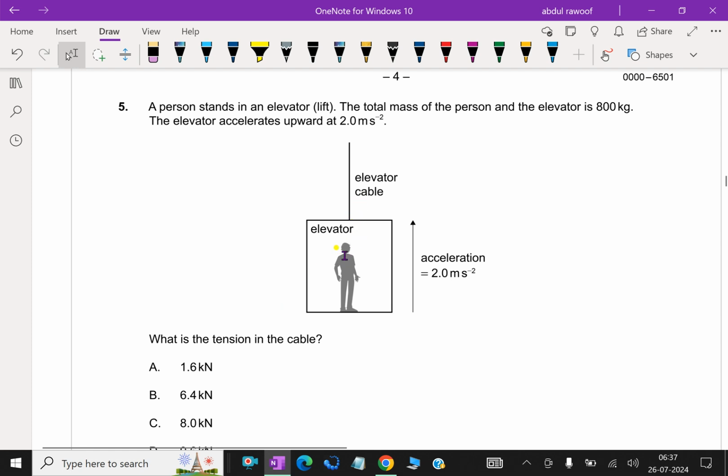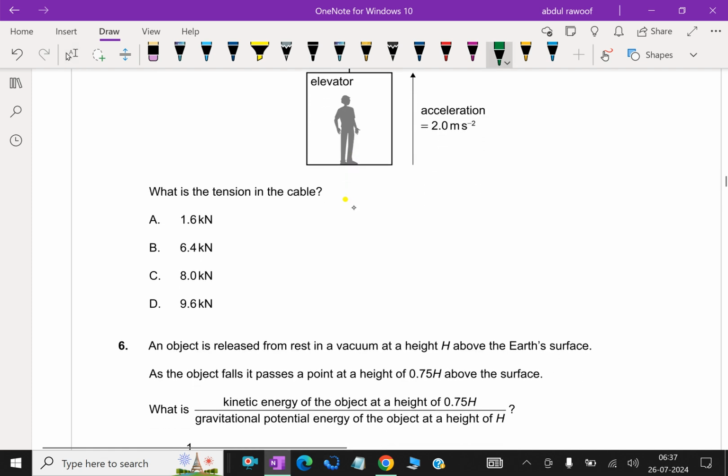Here the lift is going up. So we have the formula: tension in the rope T minus force of gravity, that is mg, equal ma.